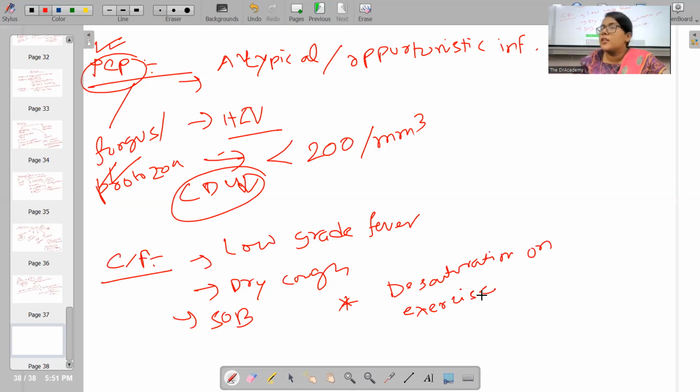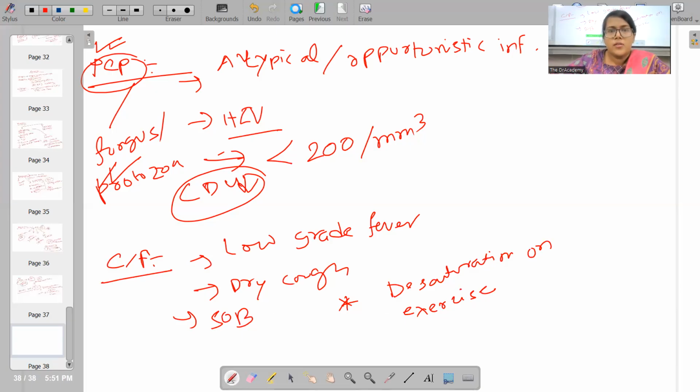So if you check the pulse oximetry of these PCP infected individuals, you will see that the patient may have near normal oxygen saturation when resting. However, when the patient starts to walk or do some activity, the oxygen saturation will go down low, very similar to COVID infection.